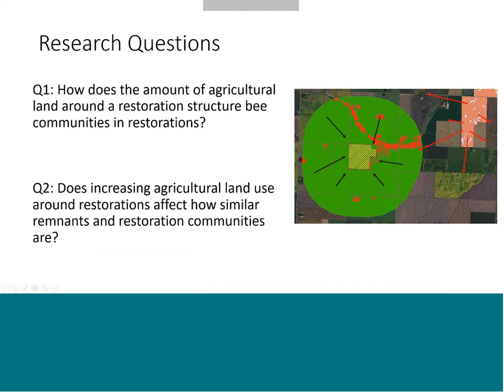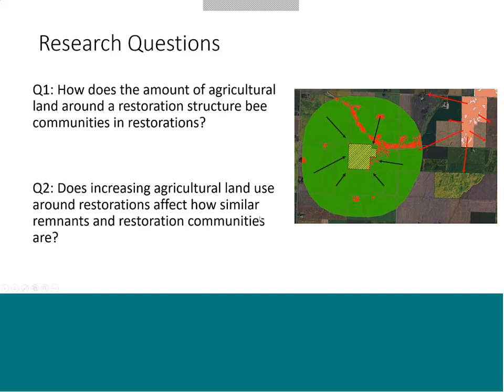This circle around this restoration represents an area of measurement. I just quantified how much agriculture is in here. The second is: does increasing agricultural land use around restorations affect how similar remnant prairies and restorations are to one another in terms of their community composition?